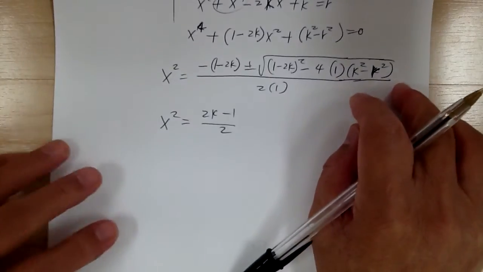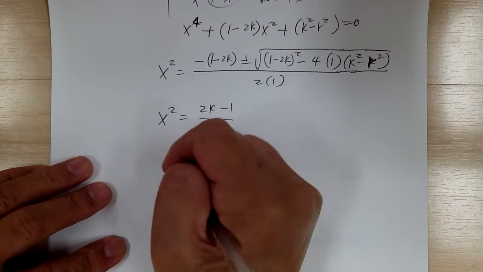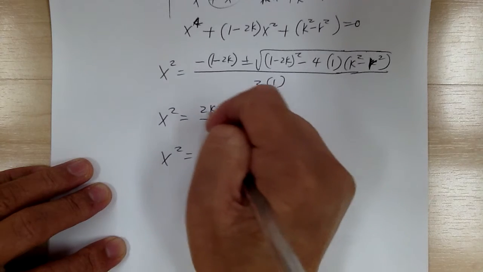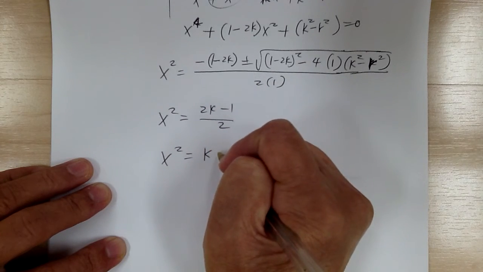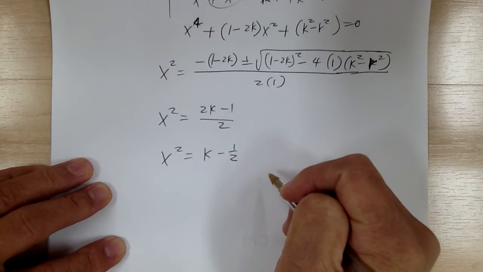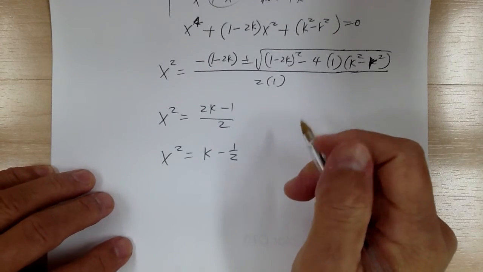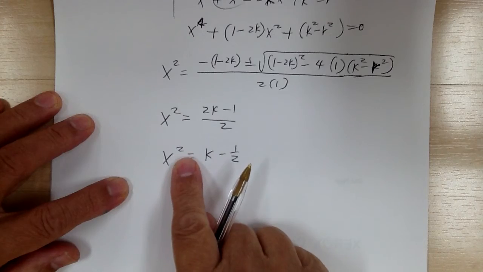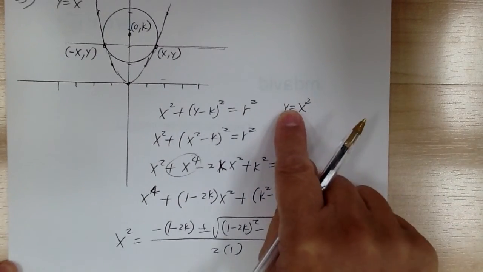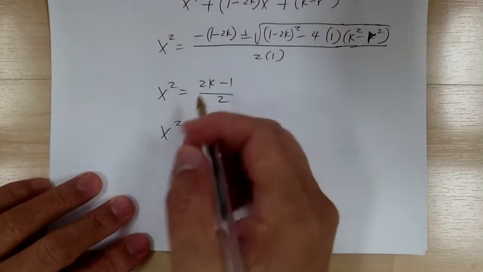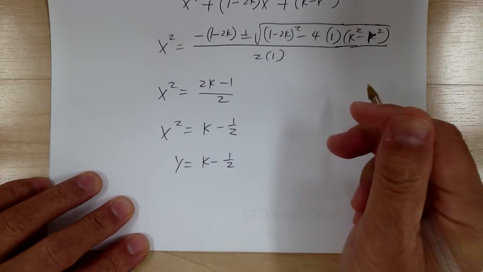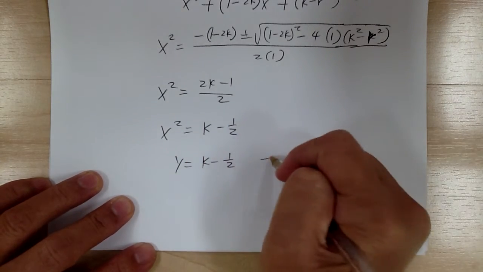So you've got x squared equal to, simplifying and separating this, k minus 1/2. But again, what's x squared? Remember from here, x squared equals y. So you've got y equals k minus 1/2. And so this is the tangent point.